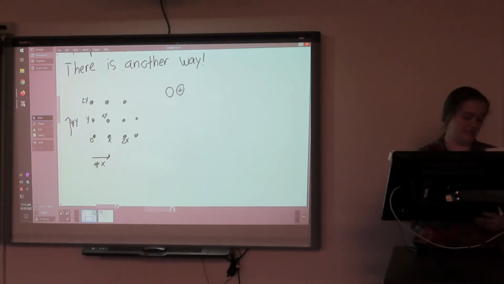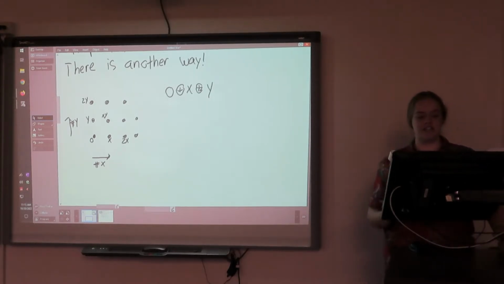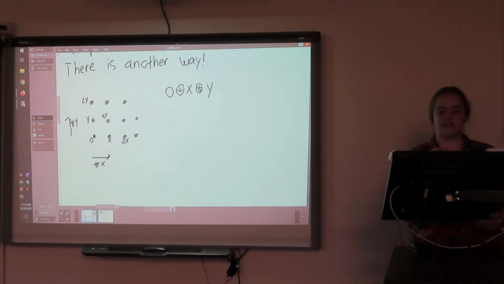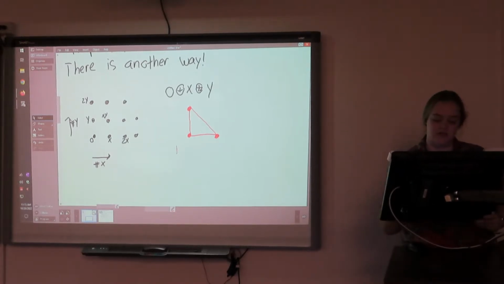So given our polynomial, we're going to look at the same one, 0 plus x plus y. We take the vertices on our integer lattice. So for this case, we have the 0, the point for x, the point for y, and we're going to take the convex hull of that. So this is our Newton polygon.